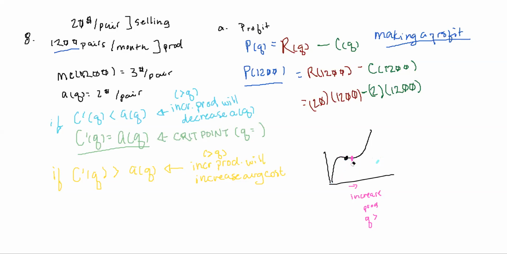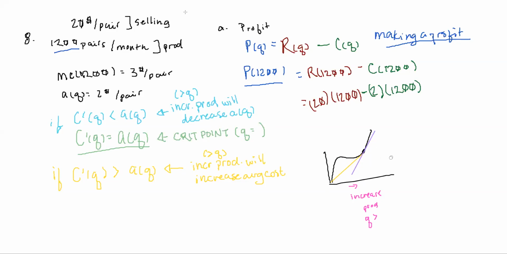What if instead of being there, I was here? So my average cost is going to be like so. My marginal cost is going to be like so.